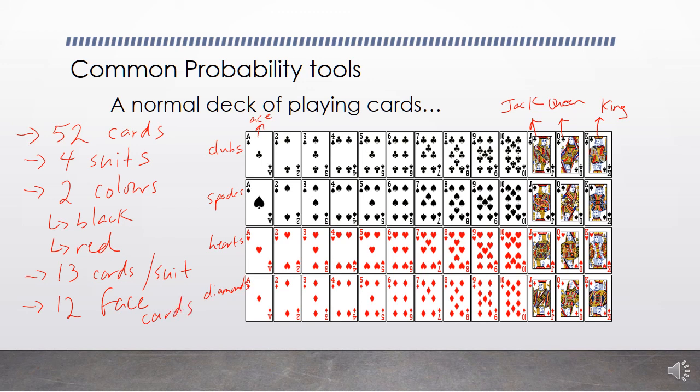They don't have faces on them. If I was to give you a question that involved jokers, jokers would have faces on them. One would be black, one would be red. There'd be 54 cards, but we're just going to worry about a standard deck. There's more we can do with just those outcomes, but those are the ones I'm going to focus on. So again, make sure you know this or have this to refer to.